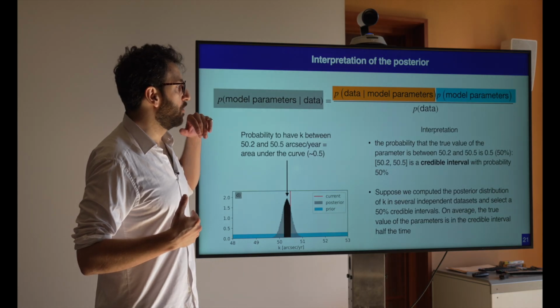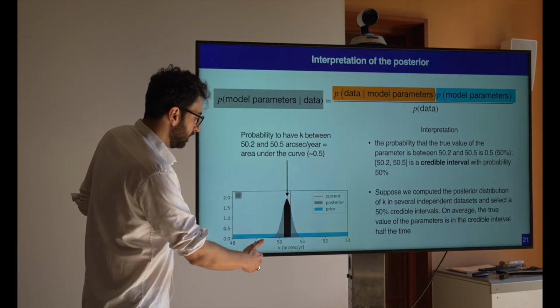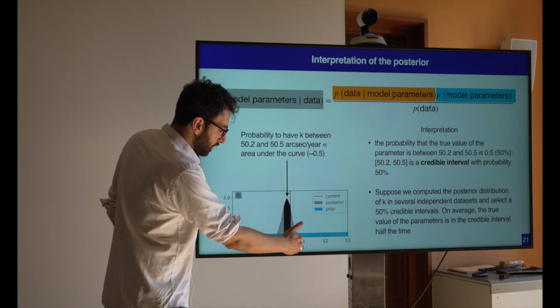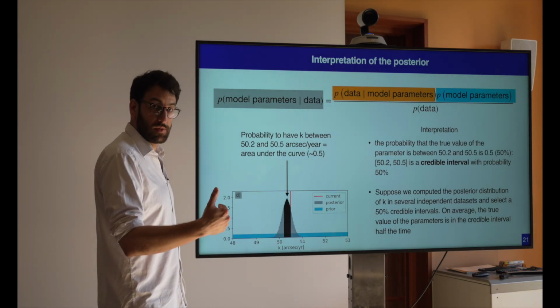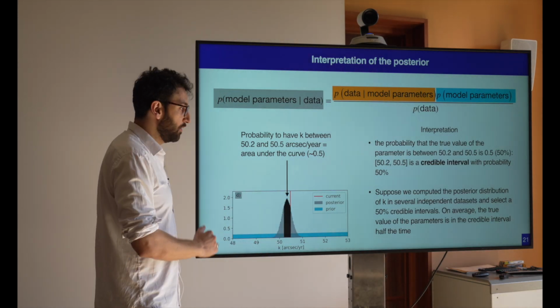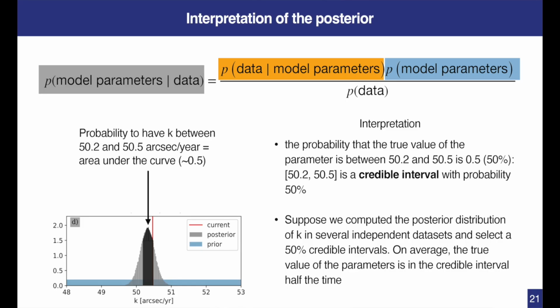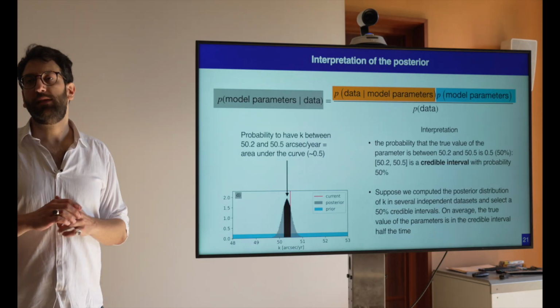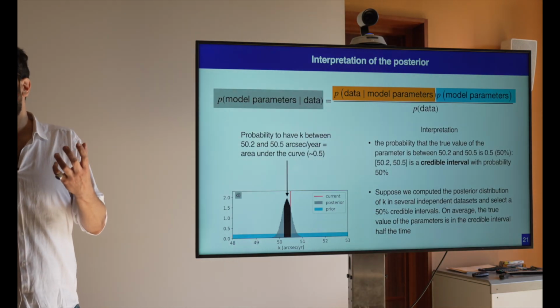The credible interval is basically the lower bound and upper bound, and it has a certain posterior probability defined by the area under the curve. In that case, it's about 50%. Sometimes people in the Bayesian communities say the posterior probability is just a measure of belief.